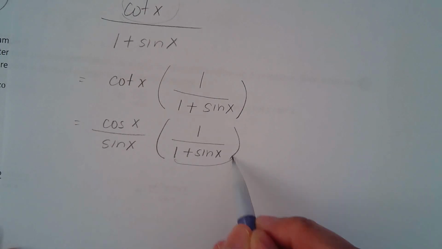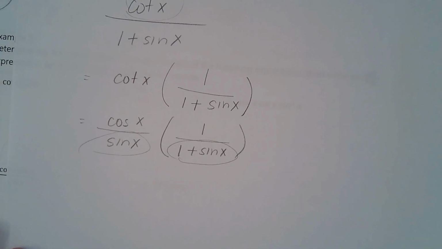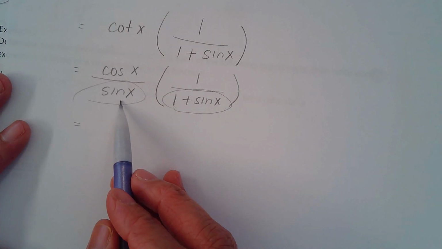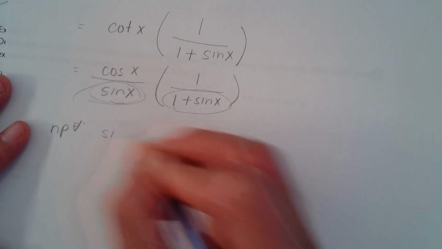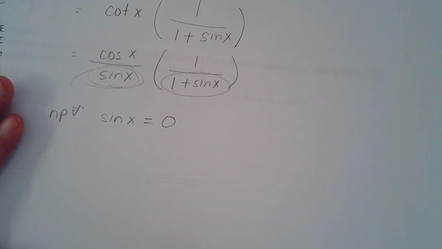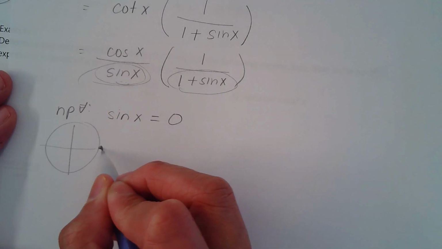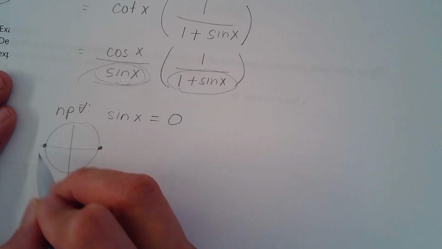So we figured this out. What's the other one? Sine of x. We have to consider this one too. Where is sine of x equals 0? Because those are not allowed. Zero, pi, 2 pi, right there.